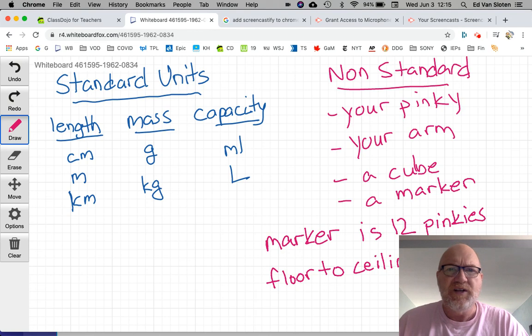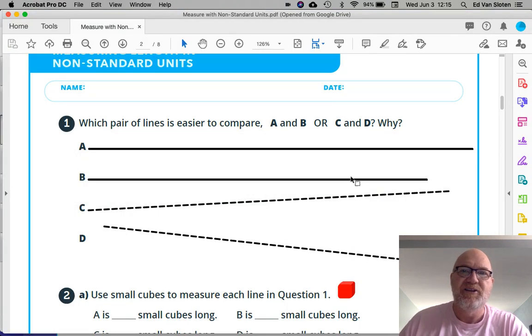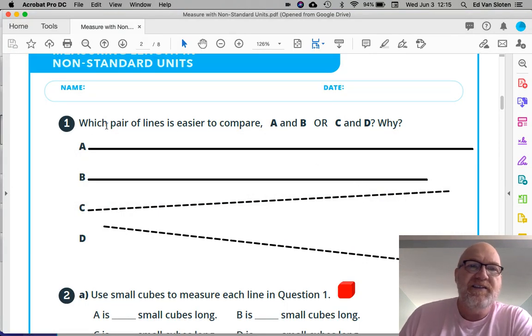So, all right. I wanted to take a peek at this. It says, which pair of lines is easier to compare? A and B or C and D? Well, A and B are easier to compare because they start at the same spot and they're parallel.